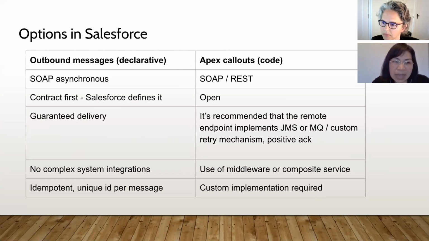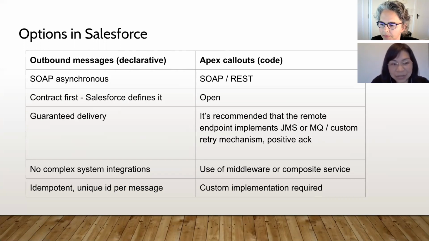The first one is outbound messages. They are asynchronous. But something very important is that the contract is defined by Salesforce. So if we are allowed to define the contract, we can use this method, but otherwise, this is not a suitable solution. And something very nice about outbound messages is that the delivery is guaranteed.